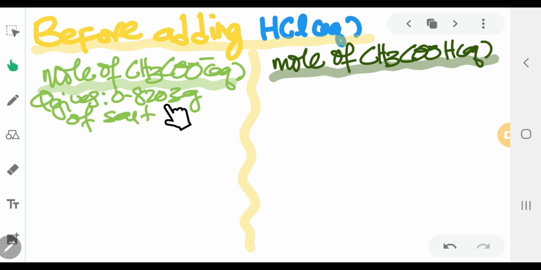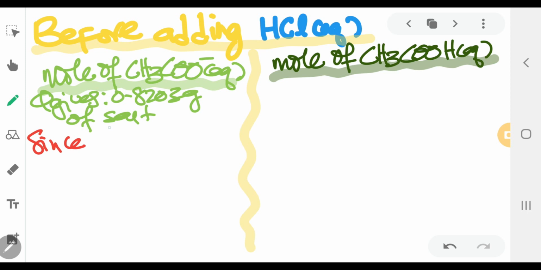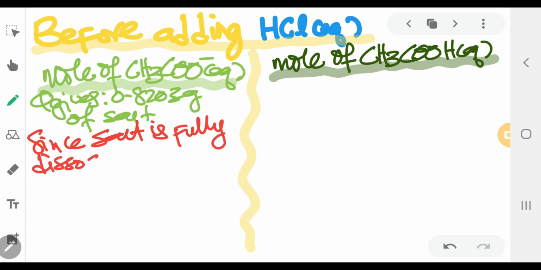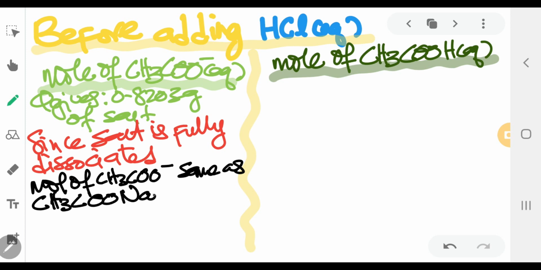Since the salt is fully dissociated, like what we have discussed just now, the number of moles of CH3COO minus, the one that we want to find, will be the same as the salt, CH3COONa.